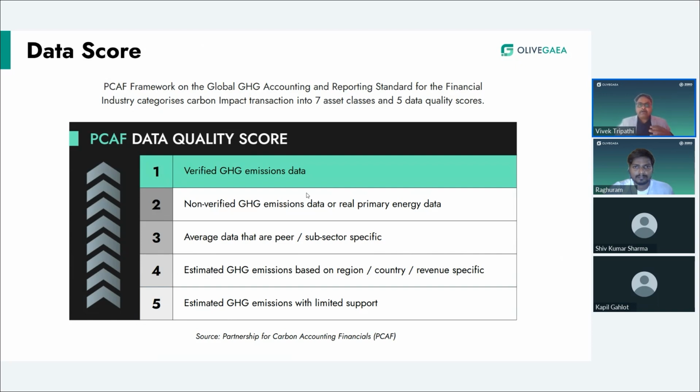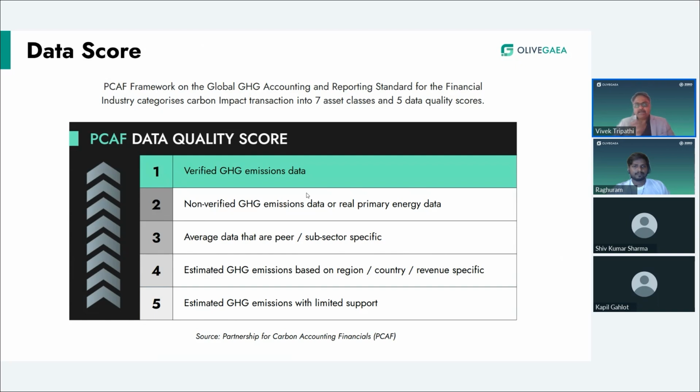Hence, creating a financed emission inventory with a high data score is utmost important and very critical. As we have seen earlier, when talking about the complexity and challenges within financed emission, the biggest challenge comes in finding the emissions from your investee companies, so as to score high data quality scores for your financed emission calculation.